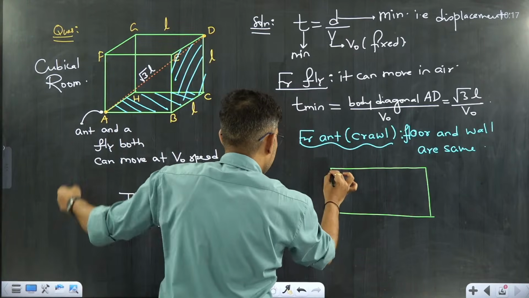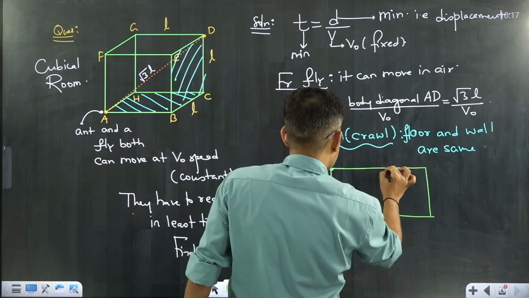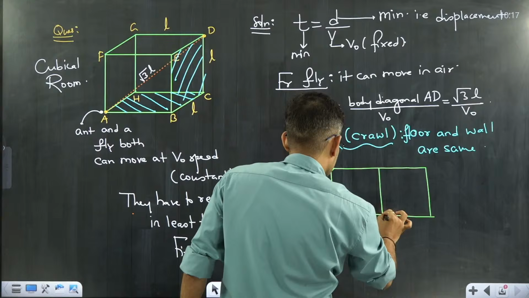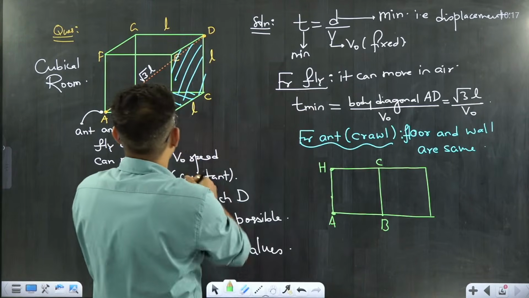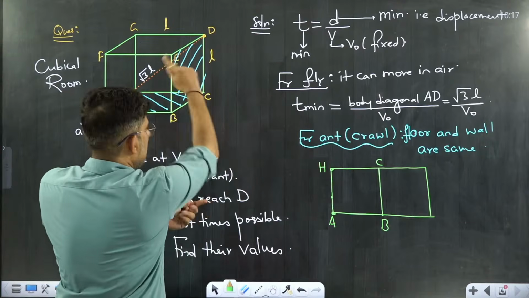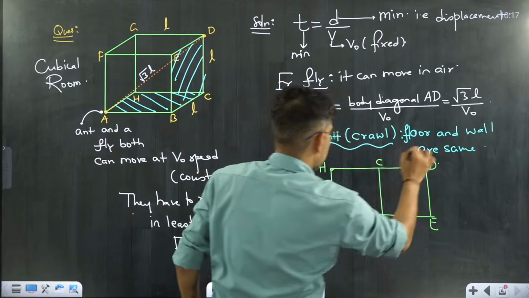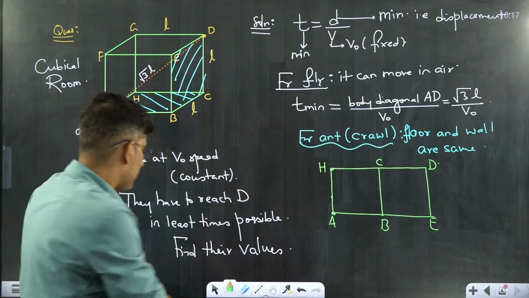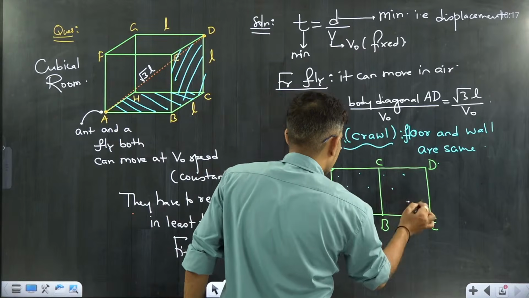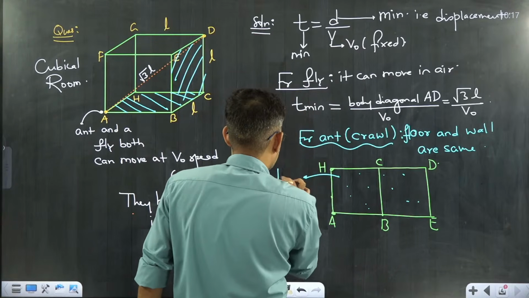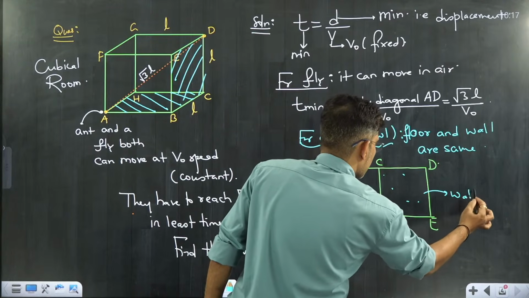This is A on the floor, H this side, B and C. These are the points on the floor, and this I have opened. E will come this side, and above C you have D. So you can see this is what we were talking of. This part is the floor and this part is the wall.